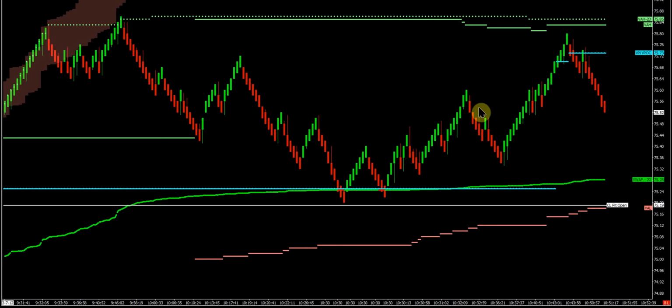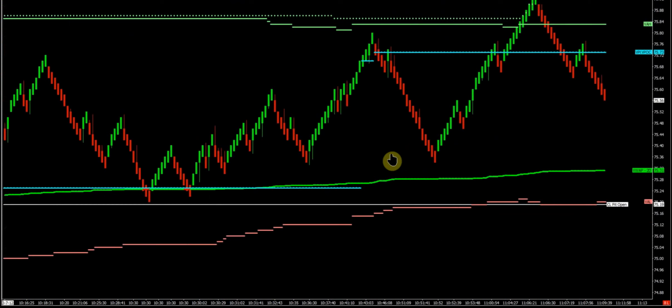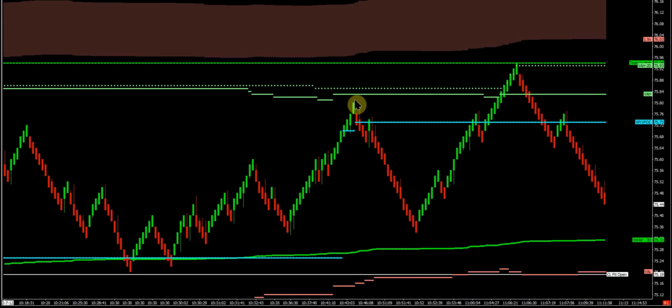So you're looking at going long at 75.25, targeting 75.75. That gives you a nice $500 move, and there's your target right there. So from 10:30 to 10:45, 15 minutes, you get your $500. You're happy. I really didn't see anything else that day.